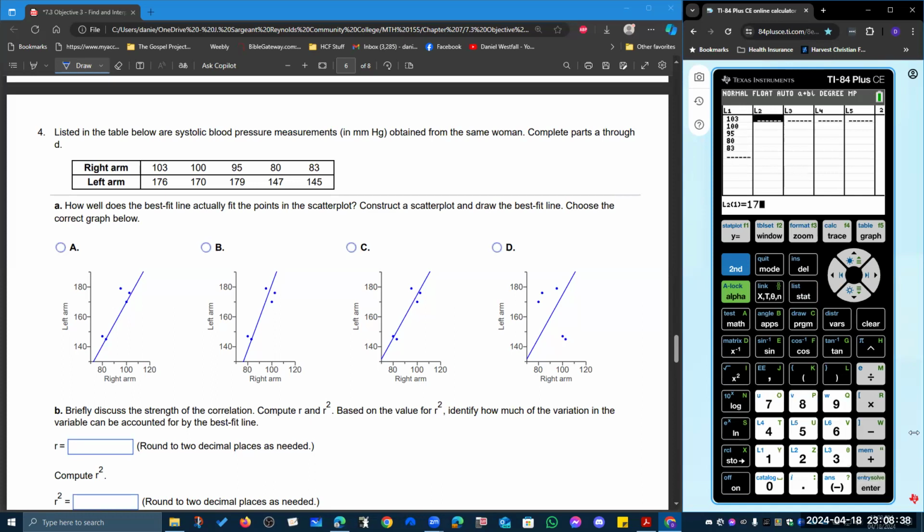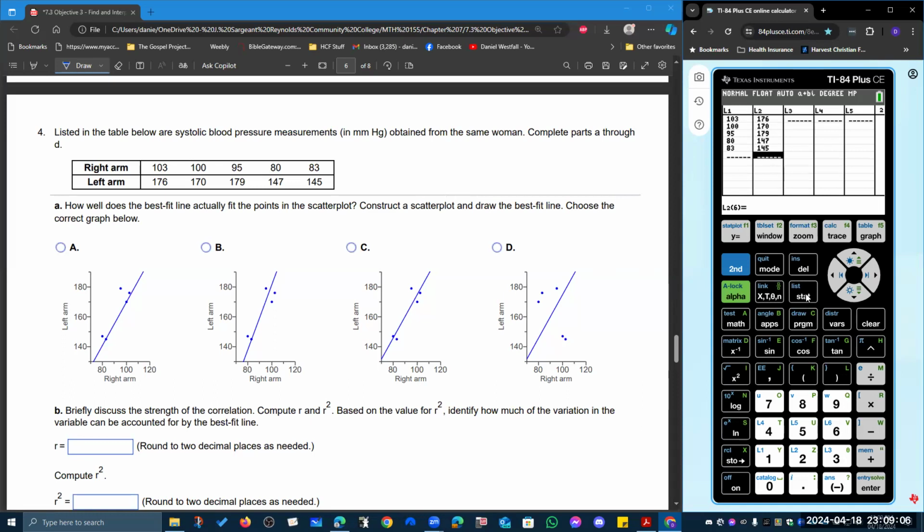Their left arm, 176, 170, 179, 147, and 145. Something is way off, it seems like, to have gotten such different readings when we switched arms. So that doesn't make a lot of sense.